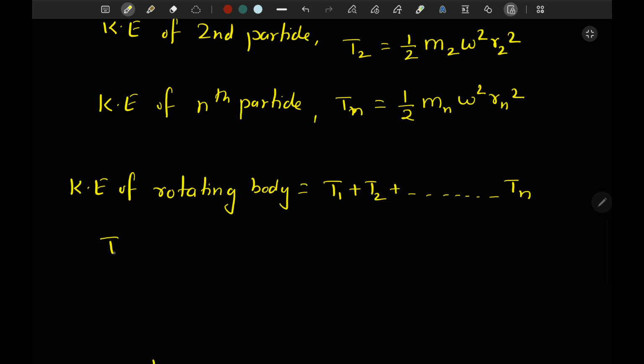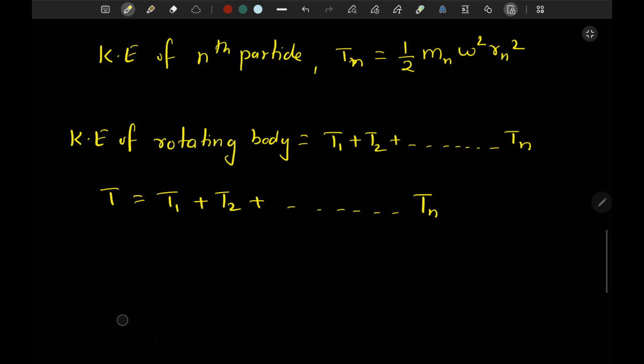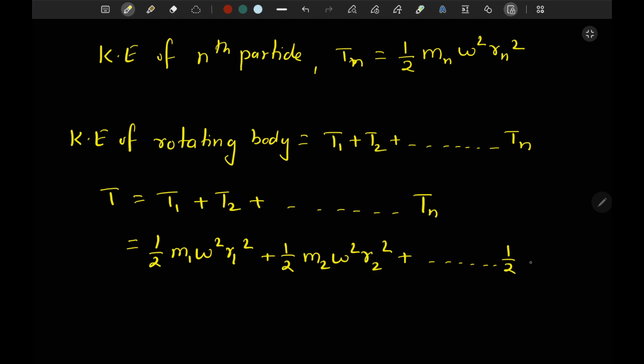Hence T is equal to T1 plus T2 plus dot dot dot Tn, putting these values, 1 by 2 m1 omega square r1 square plus half m2 omega square r2 square plus dot dot dot half mn omega square rn square.